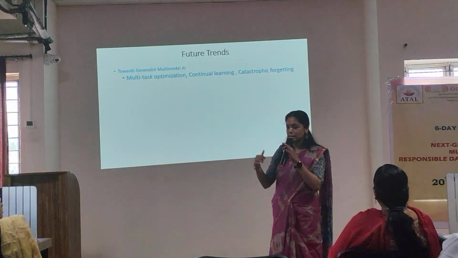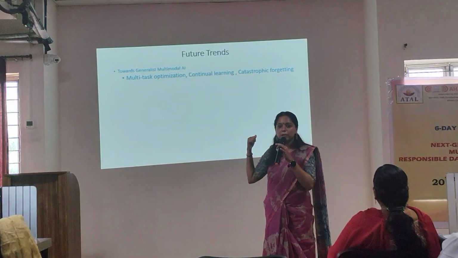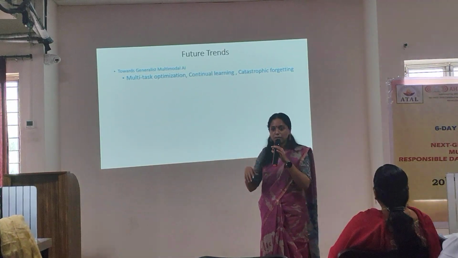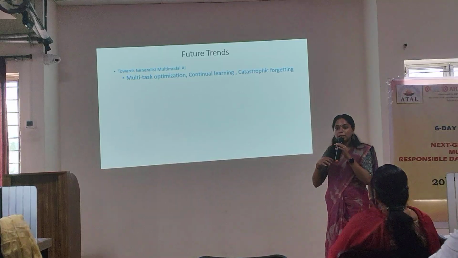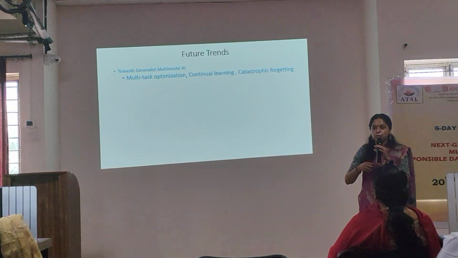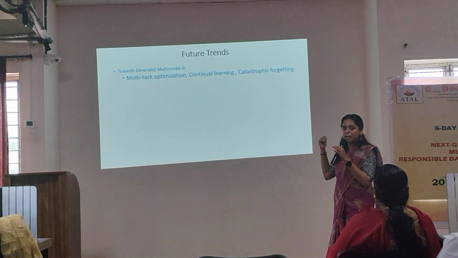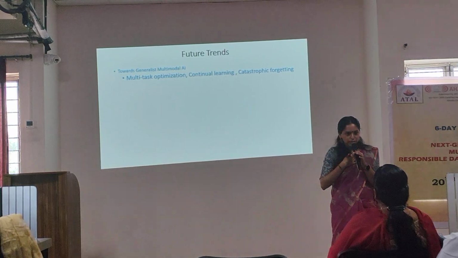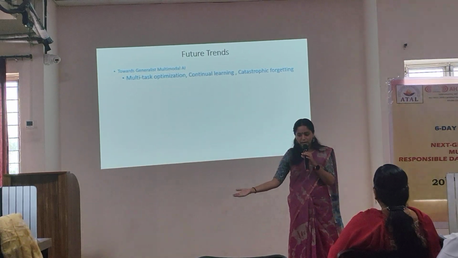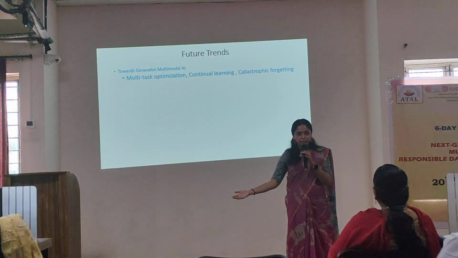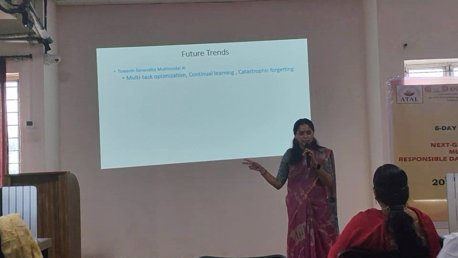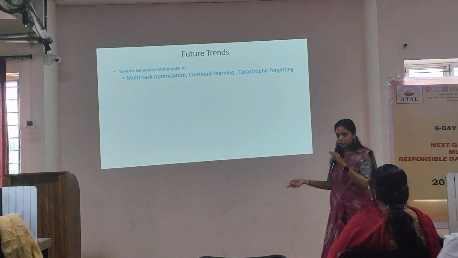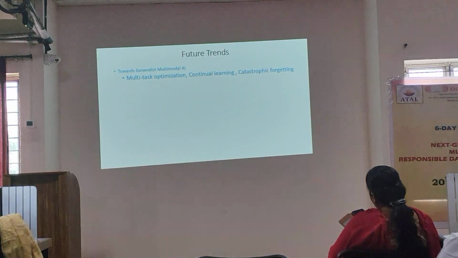The main task it will forget. That particular tendency in multimodal AI systems is known as catastrophic forgetting. So we need to do some research to avoid that. If I have built a system for visual question answering and then I train it for image captioning, I should remember both, not overwrite. Okay, that is continual learning.